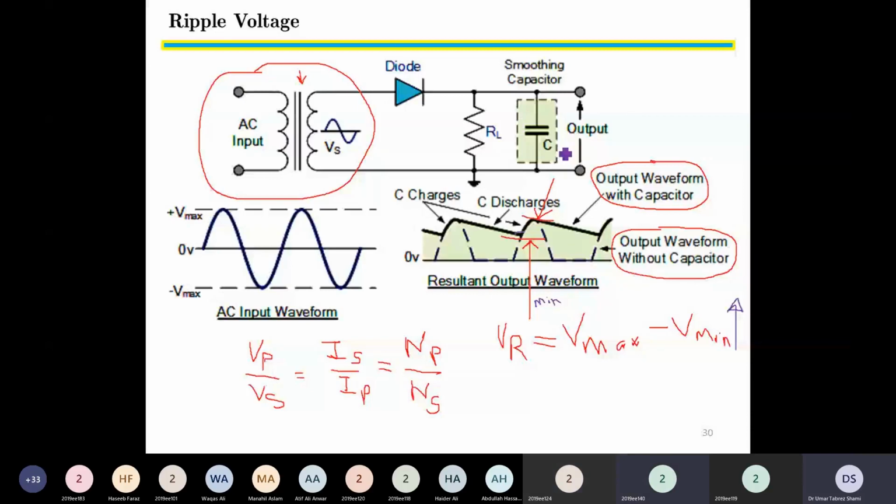But what will happen when we turn off the transformer? When we want the circuit to be turned off, our capacitor will remain charged and will continue to provide current to RL although you have switched off the circuit. The circuit will remain active because we are using a capacitor of very large value.